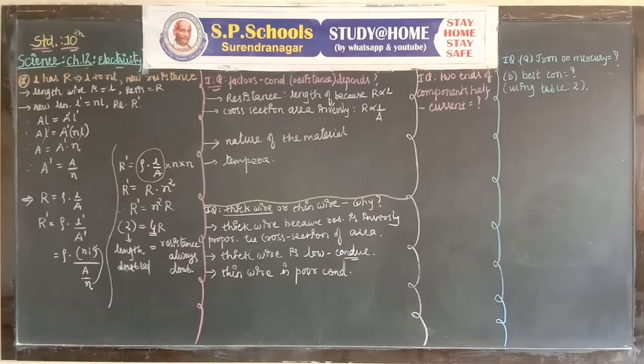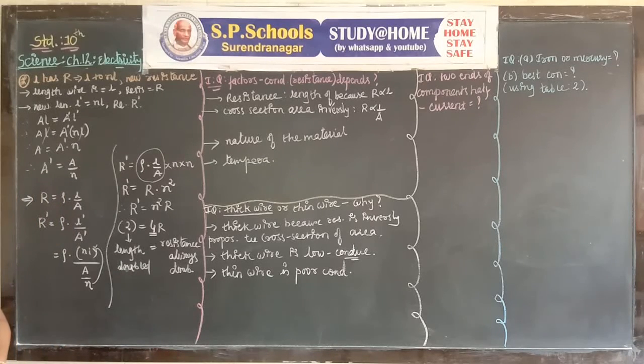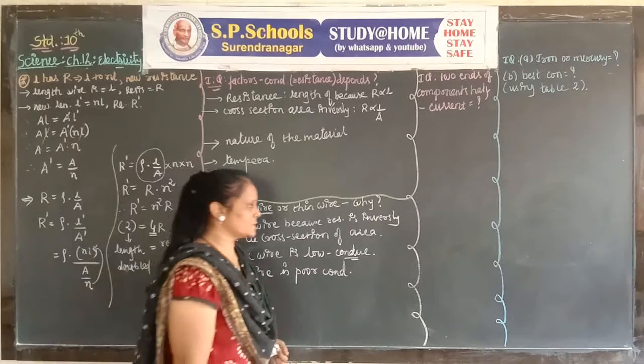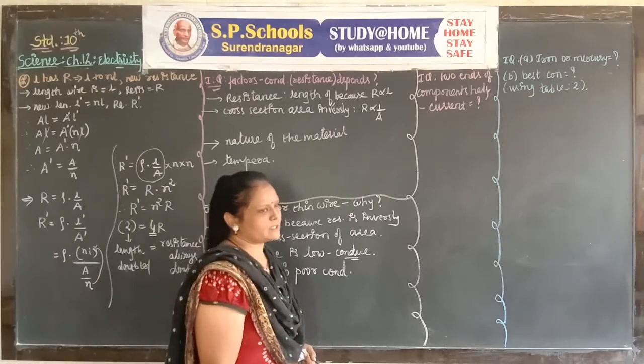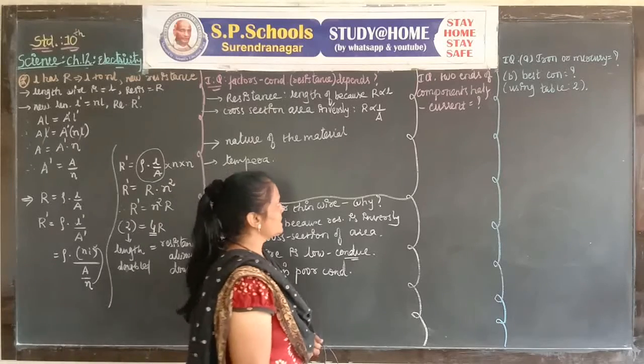What change will occur in the current? Here I can write in some words. You have to write in full sentences because you already have the textbook. The question is quite lengthy, but the answer is very easy.